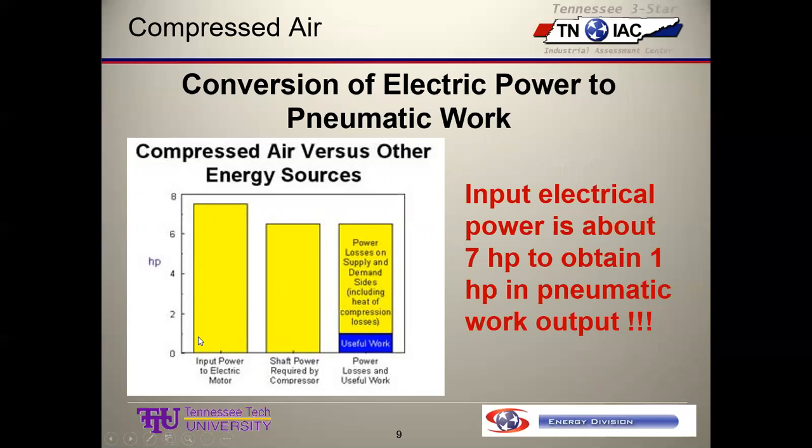This is to obtain 1 horsepower of pneumatic work output. If you take the inefficiency of the motor into account, it may even be more than 7 horsepower. But anyway, if you look at shaft power, that comes out to roughly 7.